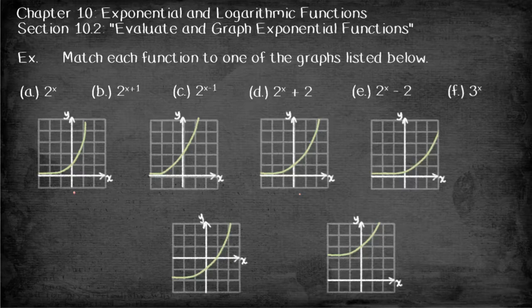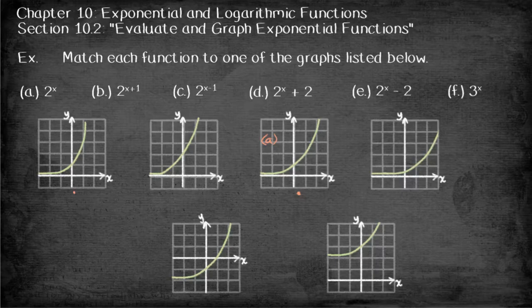So that narrows it down to 2, and then you gotta ask yourself which of the 2 is it? Well, at the value x equals 1, 2 to the x is supposed to be 2. And you see that that's only satisfied by this one. So this is the graph of A.